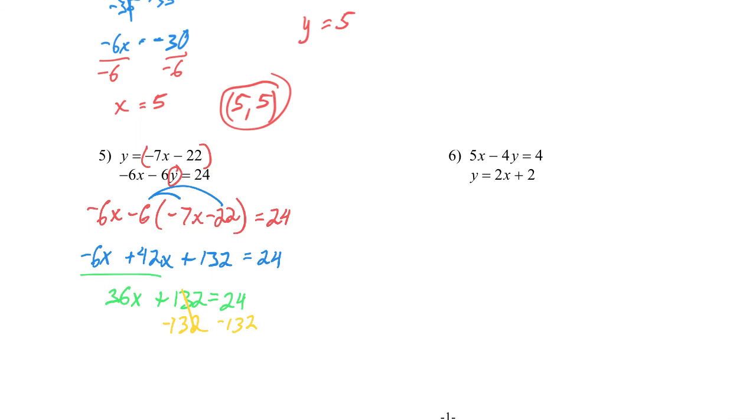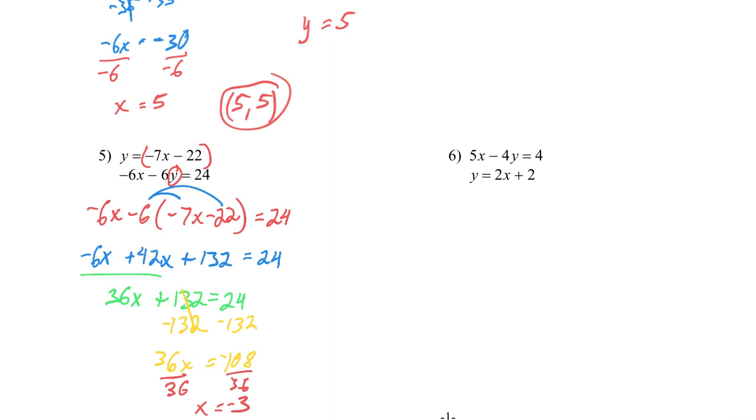It's going to cancel those, leaving 36x equals negative 108. Then the last thing I need to do is divide by 36. When I divide by 36, I have negative 3. So that's my x value, and then I plug that back in to find the y value.